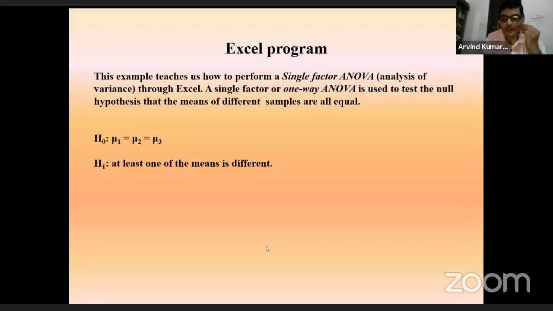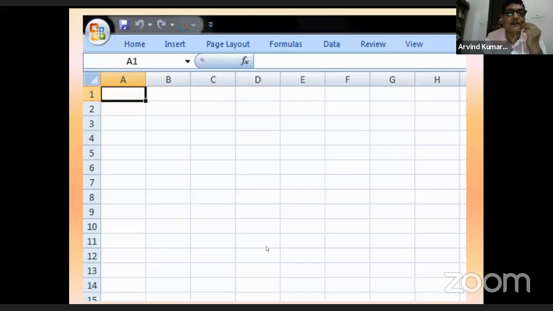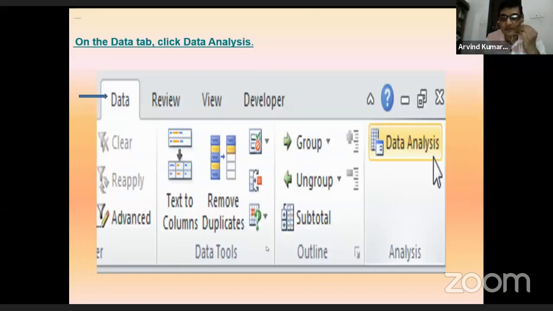Now let me make you aware of the use of this Excel program for analyzing all such data. You will simply have to open the Excel sheet, and in this sheet you have to put the data which you have collected. This Excel sheet will appear, and then you go to Data, which appears on the upper side.